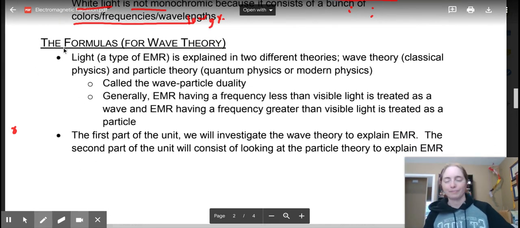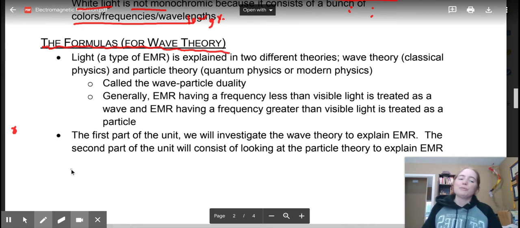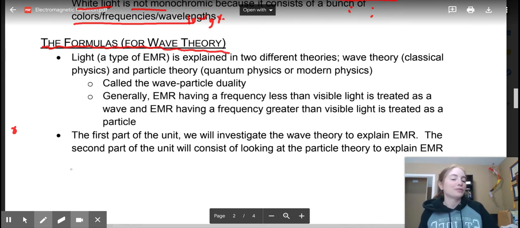Okay. So, ladies and gentlemen, the formulas for wave theory. There's a bunch of formulas that we're going to be looking at. Some are going to be for general wave theory, which you'll have seen before. Some are going to be a few new bits. Okay, so ladies and gentlemen, we've got two theories that we're going to be looking at in this unit.